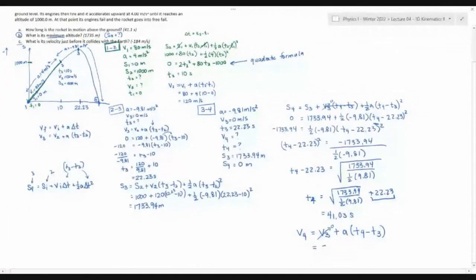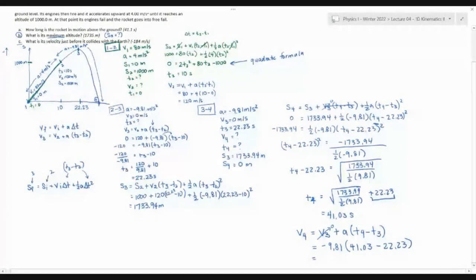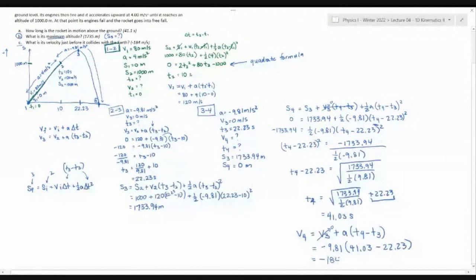Plus A, which is negative 9.81, T4, which is 41.03, minus T3, which is 22.23. And there's that delta T again, right? Because we subtracted the 22.23 now. So negative 9.81 times 41.03 minus 22.23. And I get negative 184.4 meters per second.